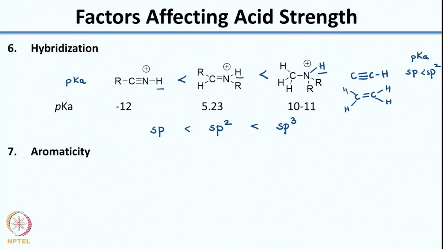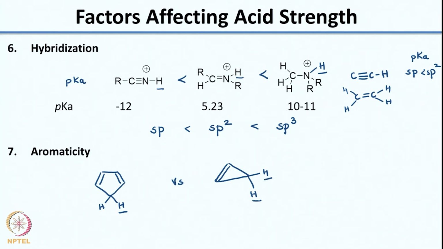And the last factor that we are going to look at is aromaticity, and this is something which you would have probably studied in 12th standard. So, if you were to compare these 2 species, we are looking at acidity of this hydrogen versus acidity of this hydrogen.